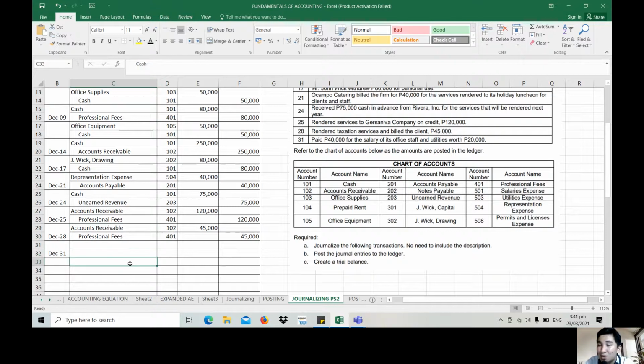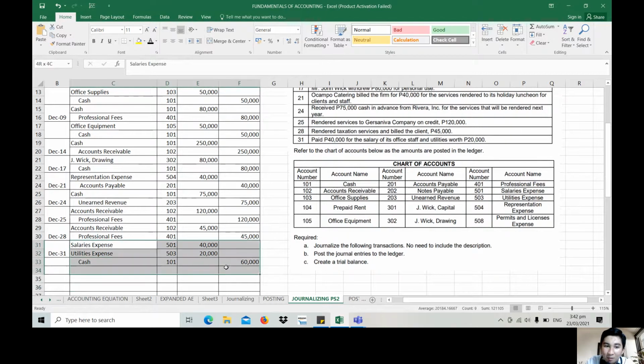Pero pwede din tayong gumawa ng compound entry if ever two or more transactions in a single date. So, pwede tayo mag-debit ng salaries expense. Okay, debit, salaries expense. Another debit which is utilities expense kasi utilities is worth 20. And then credit, one credit, that is cash.